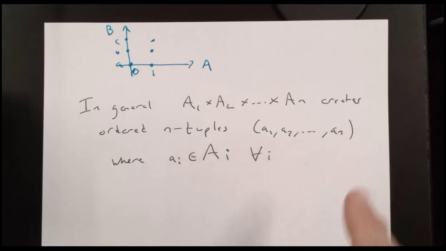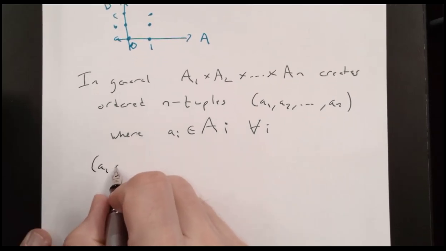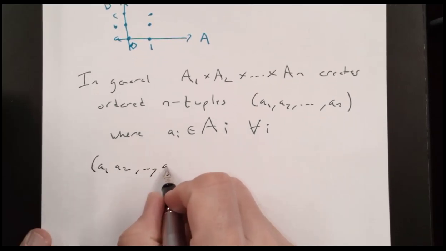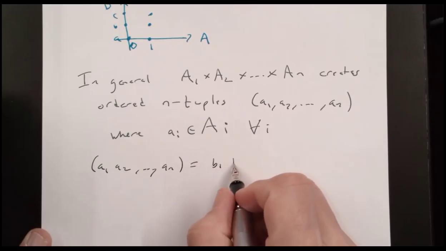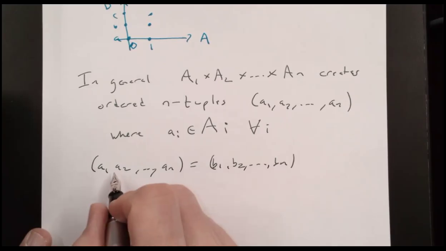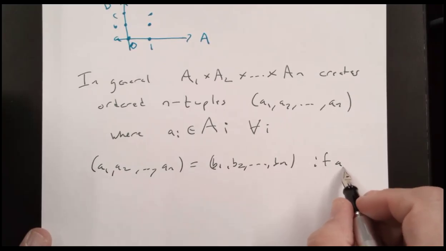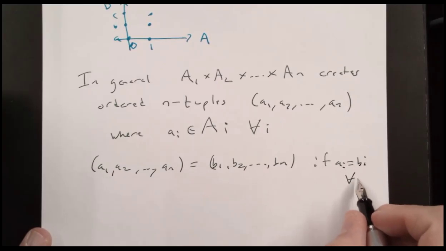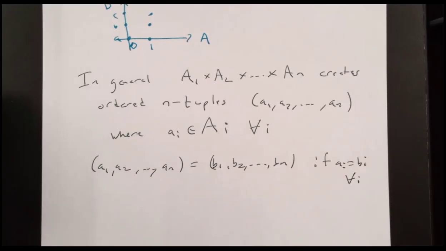Two n-tuples are equal if all of the corresponding entries are equal. If they're different even once, they're different things.